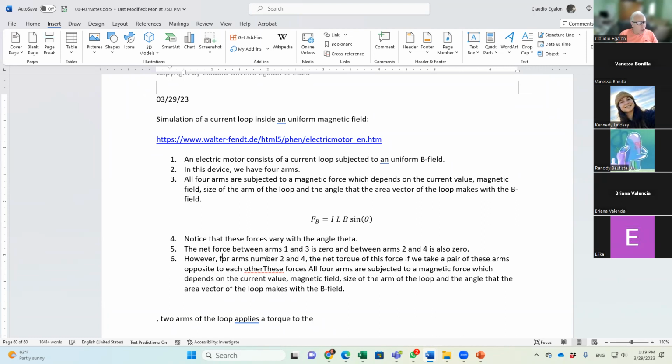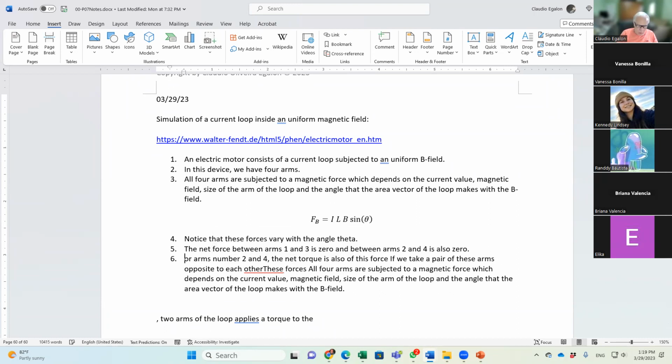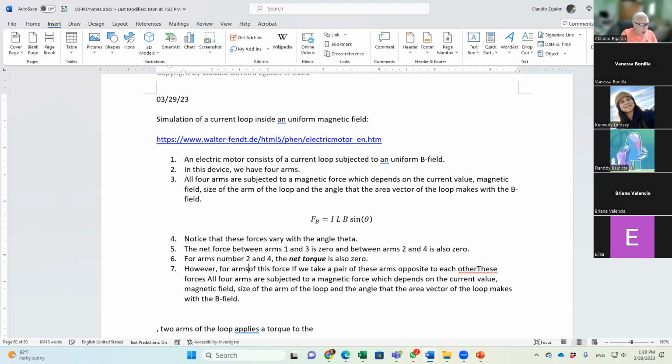However, for arms 2 and 4, the net torque, I'm gonna emphasize here, is also 0 because the pair of forces is collinear.